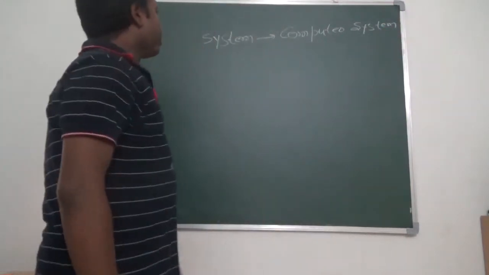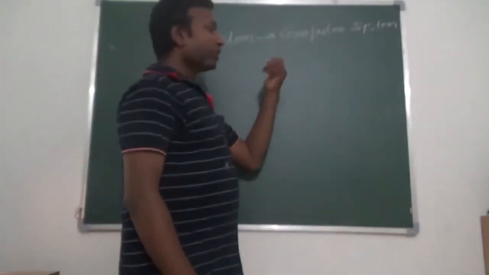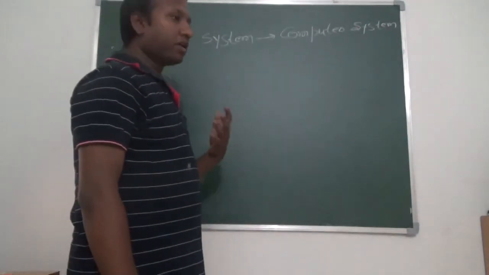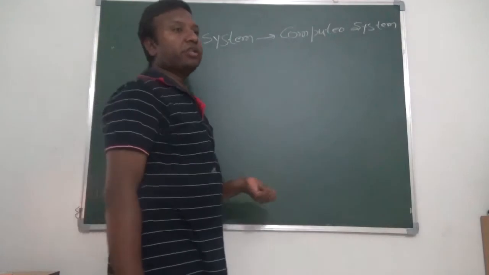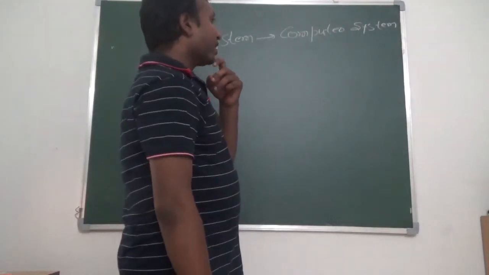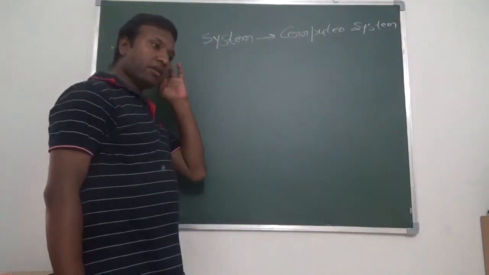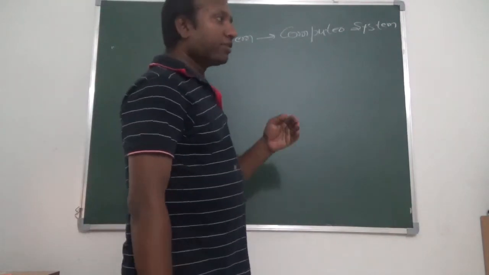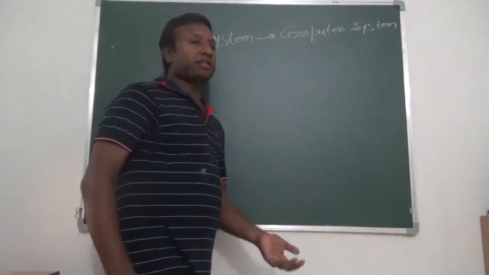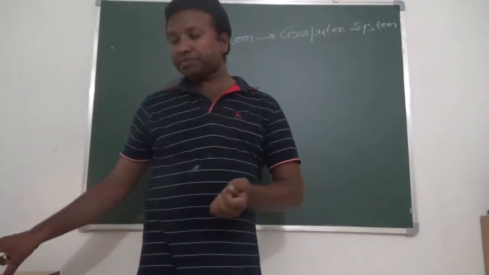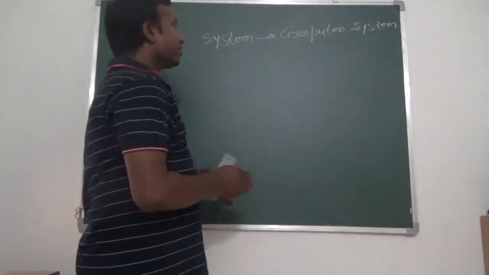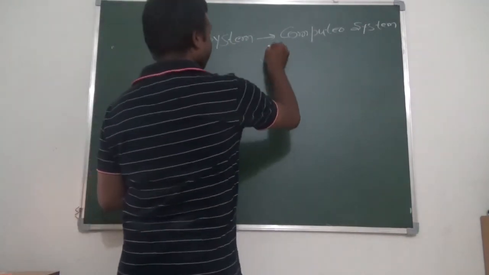Okay, so we all are familiar with what is a computer. It is some kind of computational device, a programmable computational device. So we can write programs, or we can program the computer for doing various tasks. So the system here means the computer system. Now the computer system is basically a digital system.